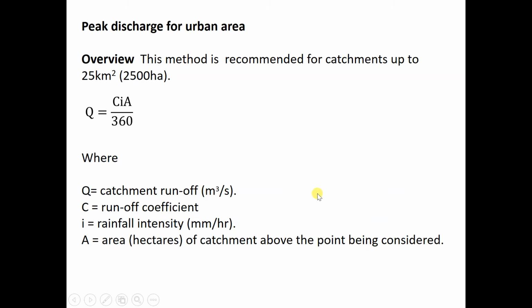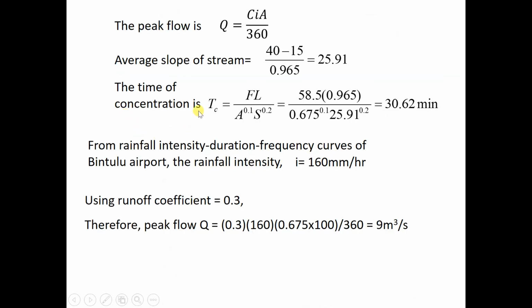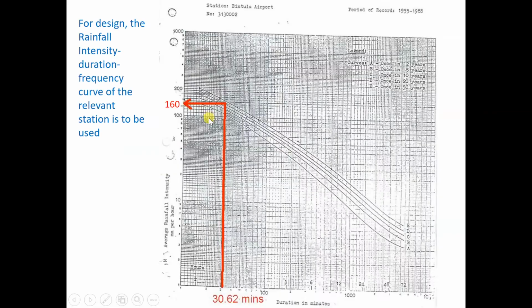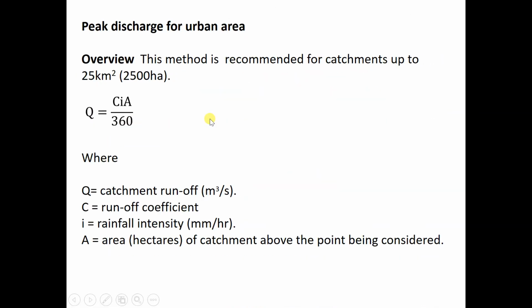Okay, where the place of interest is, where the upstream pipes are, divided by the pipe system. And C, you just look at the area, how much built up it is. Usually the urban area will be more built up, at least 0.5, 0.6, 0.7, 0.8. And the I is slightly different. Previously in the rural area, we have the time of concentration with this formula. But in the urban area, the time of concentration is different.